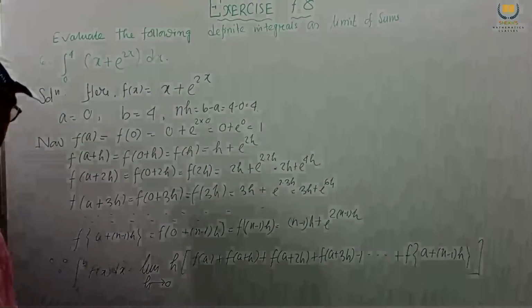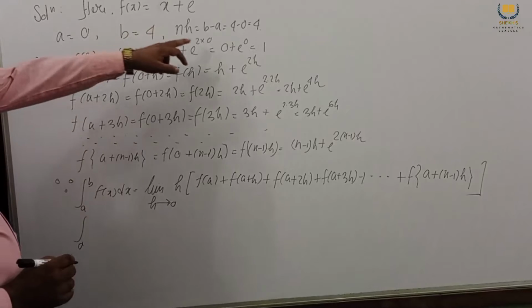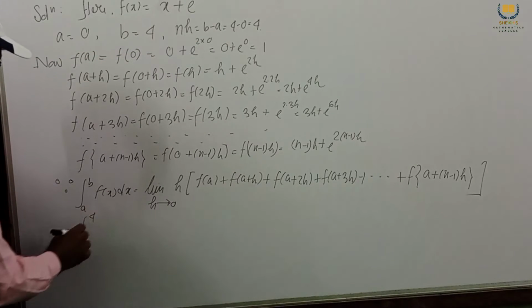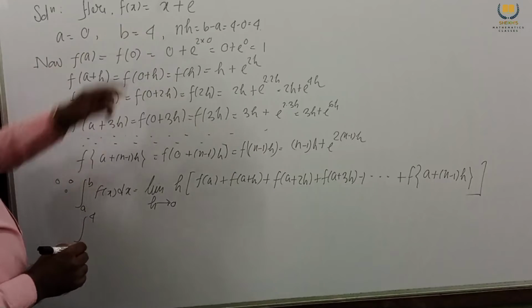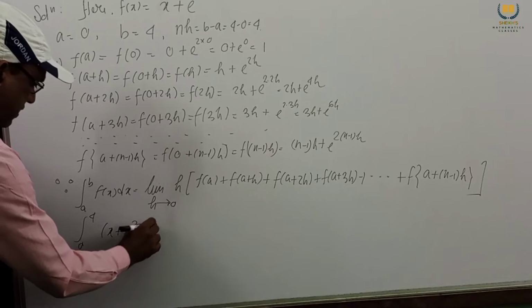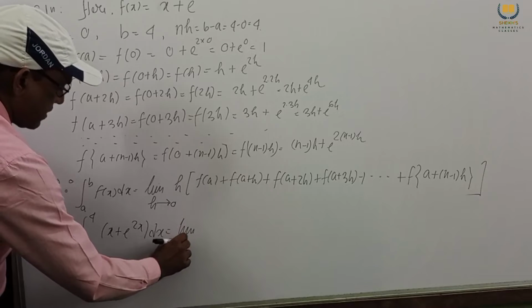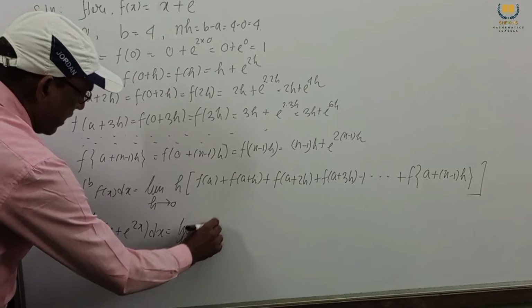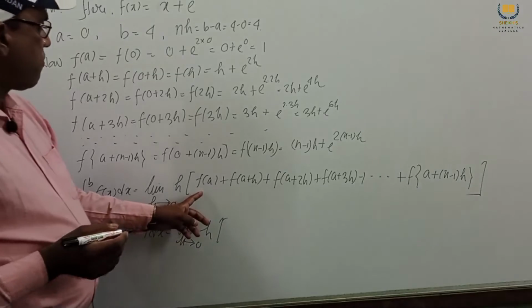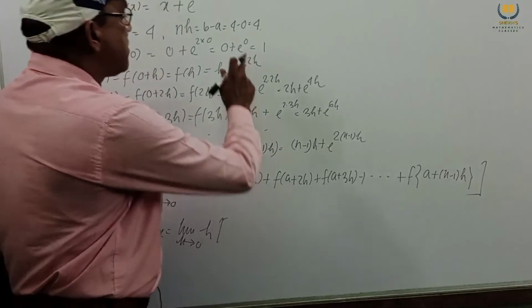Now putting the ready-made values, a means 0, b means 4, and f of x means x plus e to the power twice x. This is the limit as h tends to 0 of h times f of a, which we get as 0 plus 1.